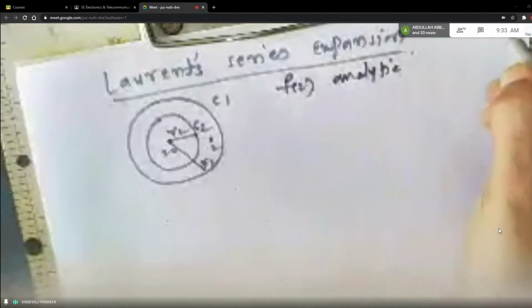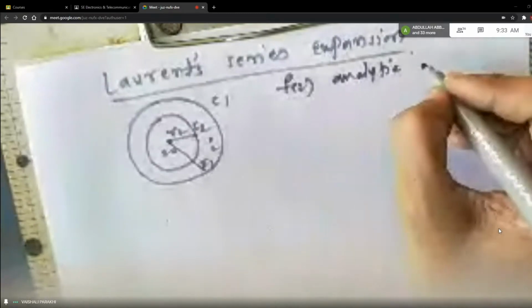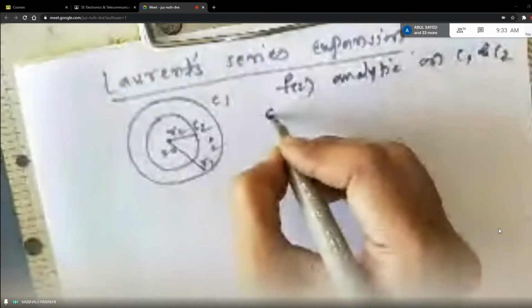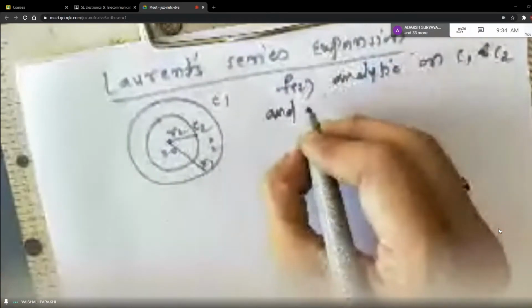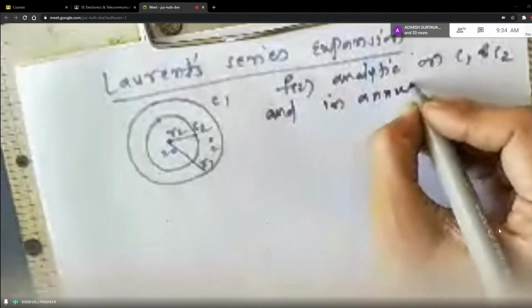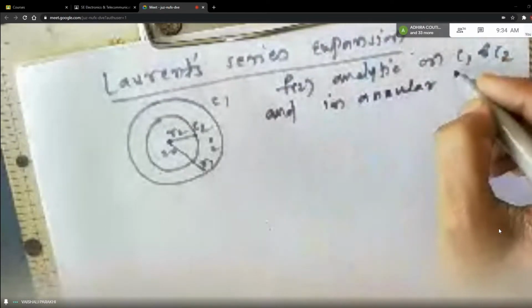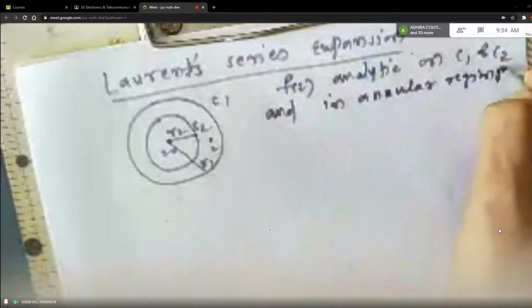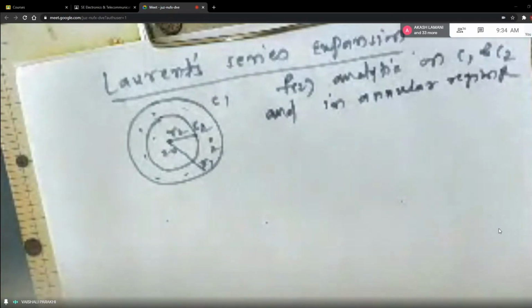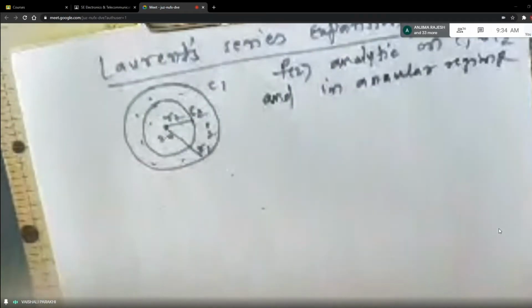It is differentiable, on the circles C1 and C2, and in the annular region R. Annular region means the region which is in between these two, the annular region between C1 and C2.